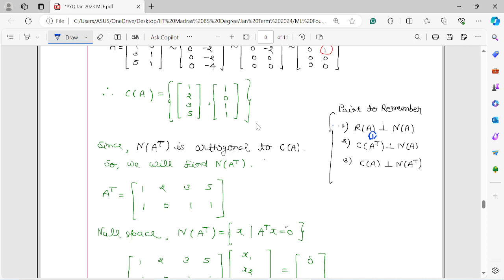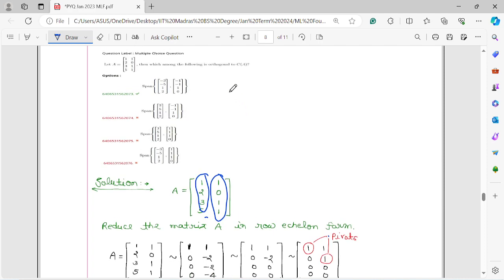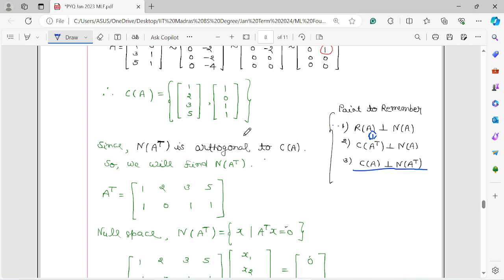And third, you have to remember that the column space of A is orthogonal to the null space of A transpose. So we have calculated the column space of A, and we have to find the null space of A transpose, because in the question it is asked which among the following is orthogonal. So the orthogonality property holds with this property.